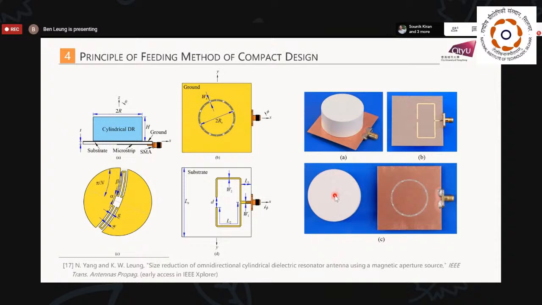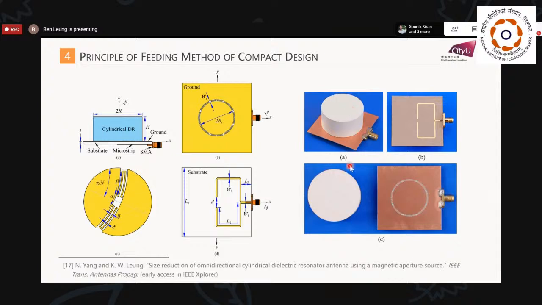You don't see any hole for probe penetration, because for many years, we used a probe to feed axially at the center position to excite the TM mode. But now, with this uniform magnetic current distribution around the slot, we don't need to use the probe feed method.